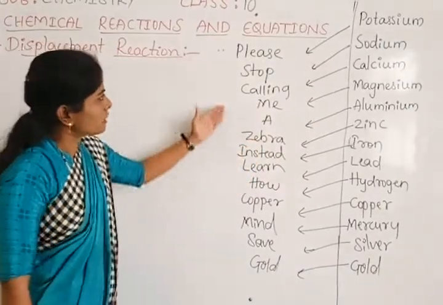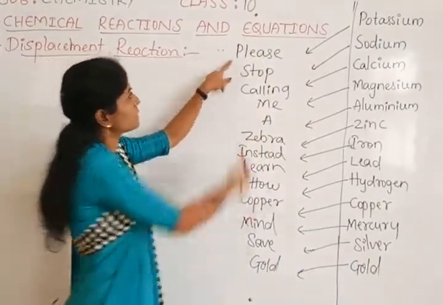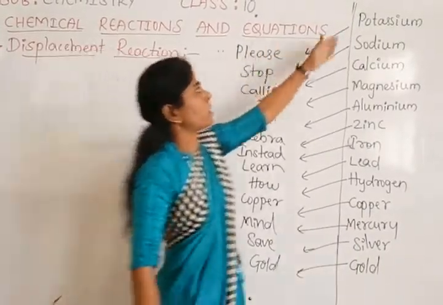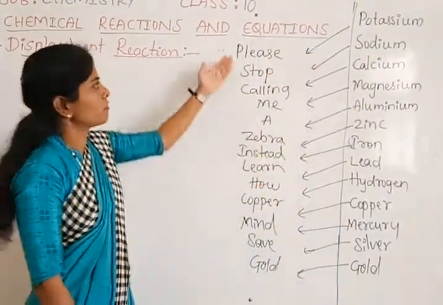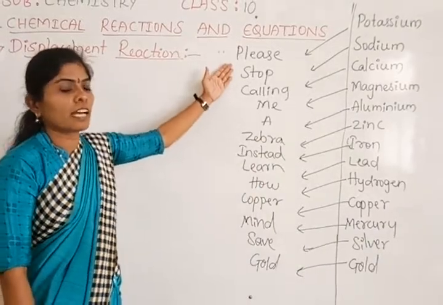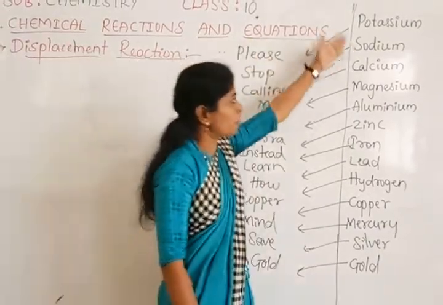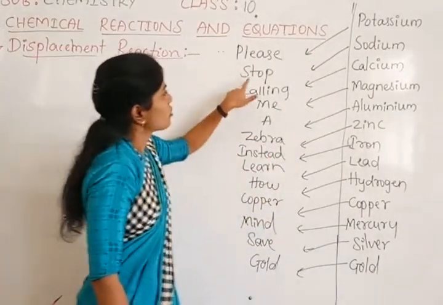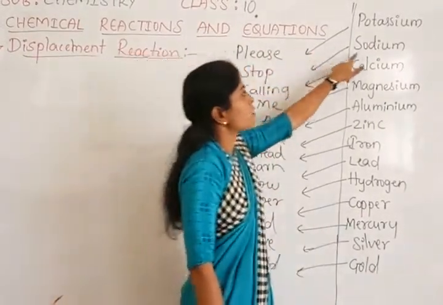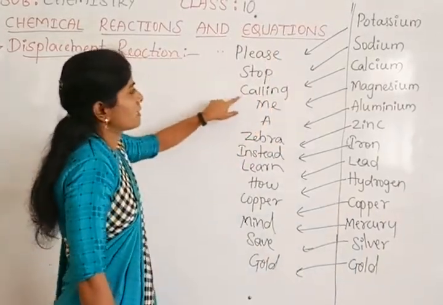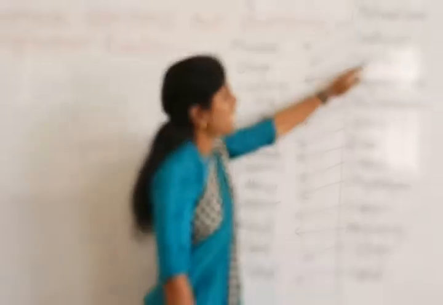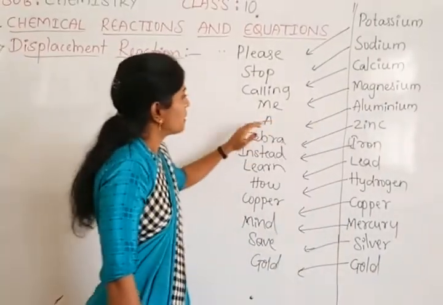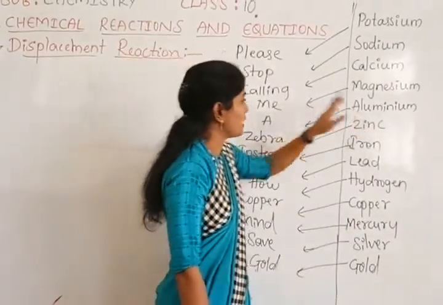You have to remember this sentence, because if some other element comes in terms of P, it will be difficult. So please: P indicates potassium. Stop: S indicates sodium. Calling: C indicates calcium. Me: M indicates magnesium. A indicates aluminium.